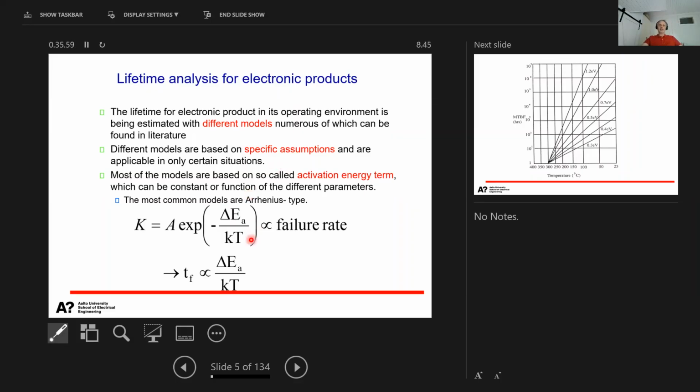So our failure rate, or whatever is in the equation, contains a term exp(-ΔE/kT). Here T is the absolute temperature in kelvins, k is the Boltzmann constant, and ΔE is the activation energy. This activation energy tells us how strong the effect of temperature is.